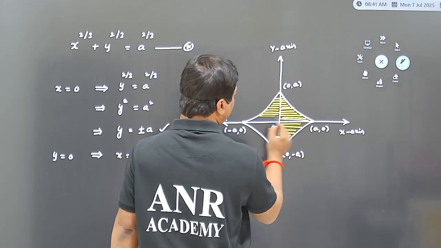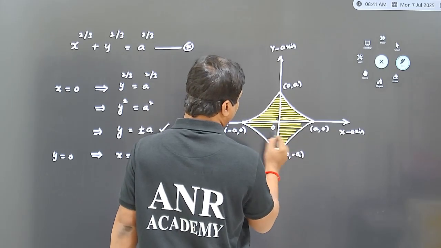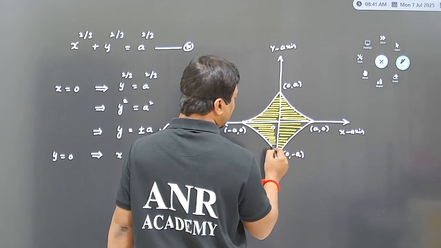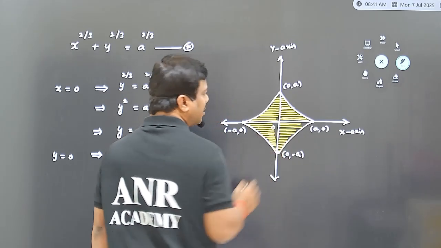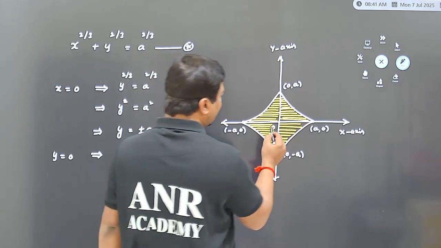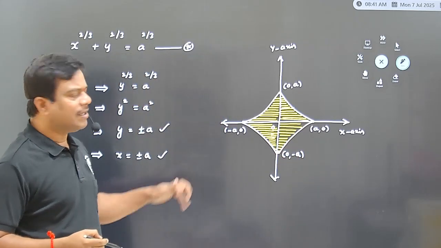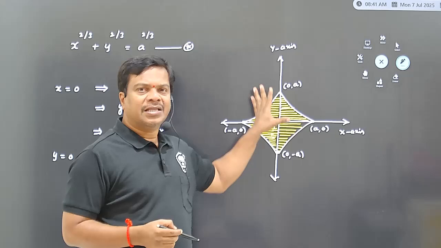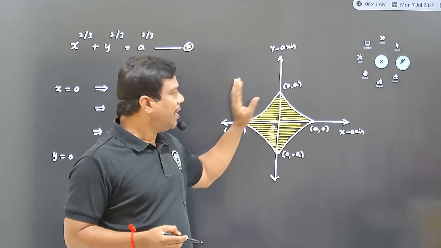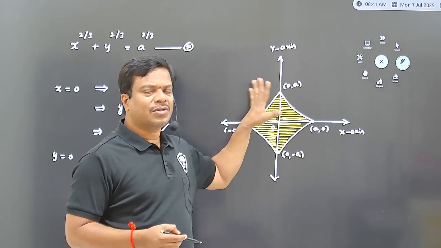This shaded portion is in the second quadrant and this is the shaded portion in the third quadrant. So this area we need to find, so it is enough to find the area in the first quadrant, and then if you multiply this with 4, you will get the entire area.